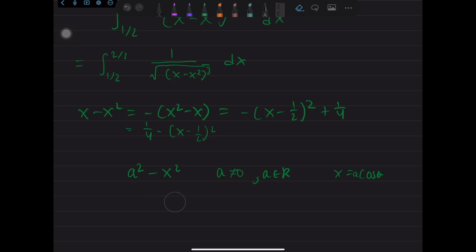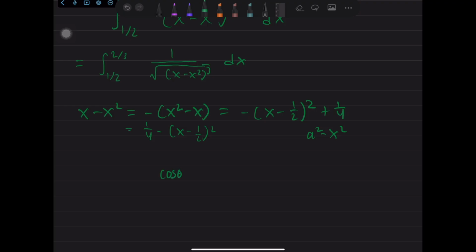In this case, we're going to have to modify this a little bit. So we have a squared minus x squared here. In this case, our x squared is x minus 1/2 squared. So how can we get rid of that 1/2 in parentheses? Well, let's use cosine of theta.